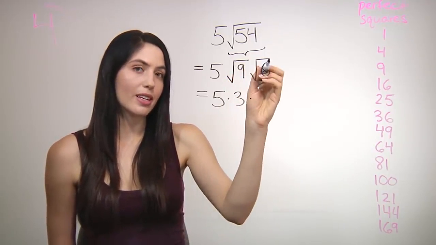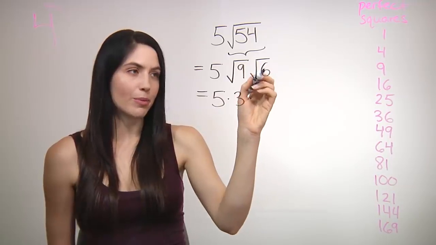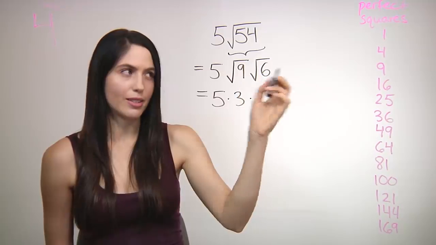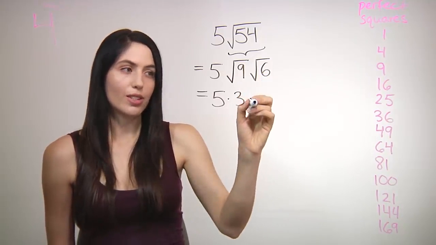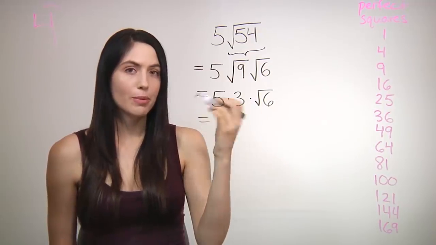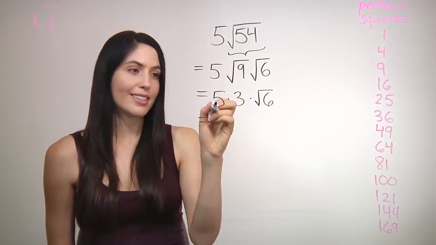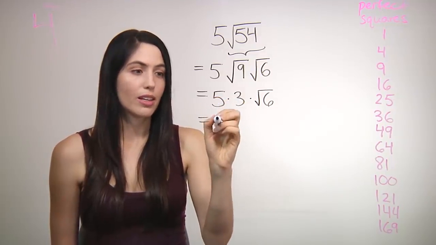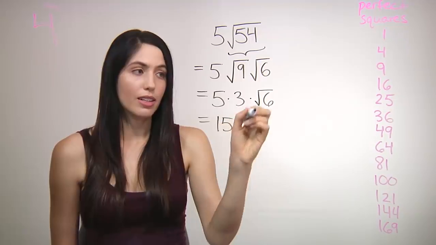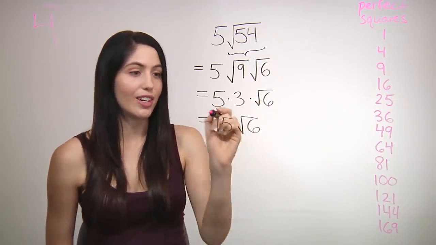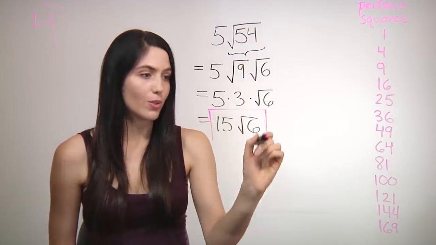Square root of 6 does not simplify anymore. There's no perfect square that goes in evenly into 6, not even 4. So you leave it. Keep simplifying if you can. In this case, you just want to combine the two constants. 5 times 3 is just 15, and the square root of 6 is still there. So your answer is 15 square root of 6.